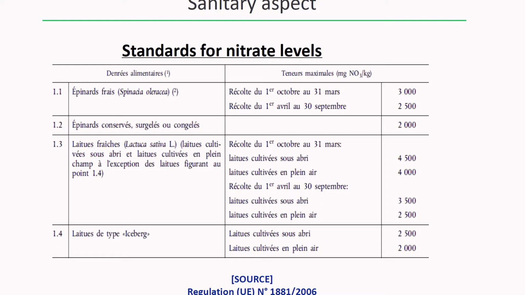Depending on the season, it will be different, and it only concerns lettuce and spinach. You shouldn't go to an upper value than the values indicated here in milligram of NO3 per kilo of fresh tissue of plants.